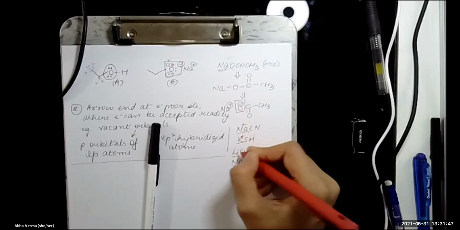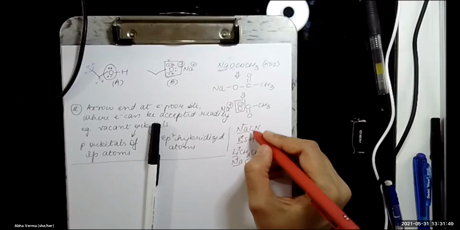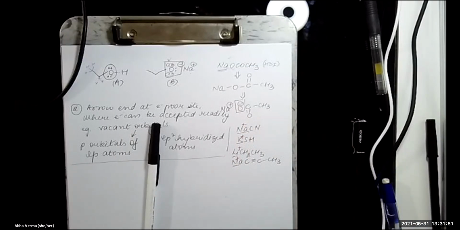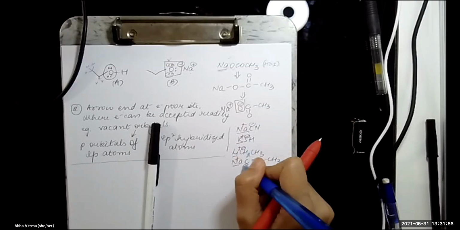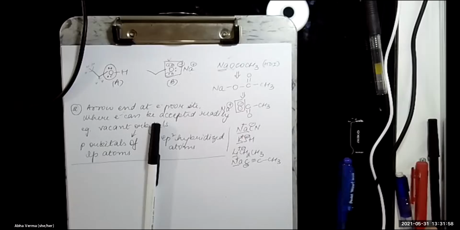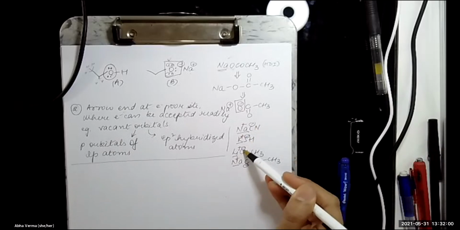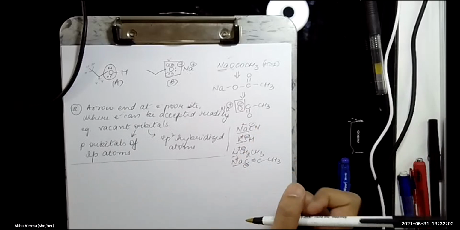Metal ions are always positive. The atom next to them will hence become negative, the atom right next to them, making them very, very electron rich.